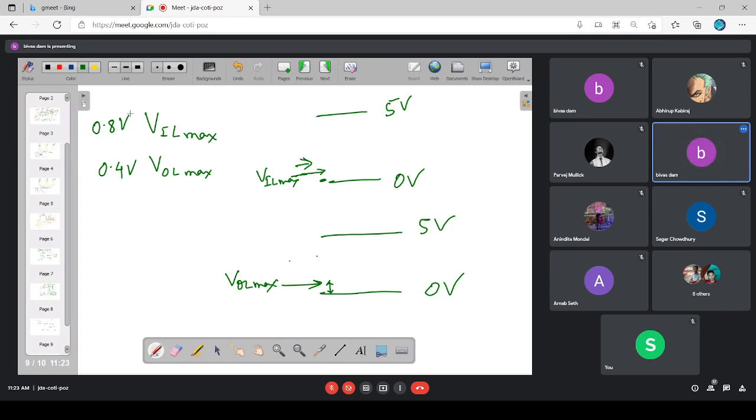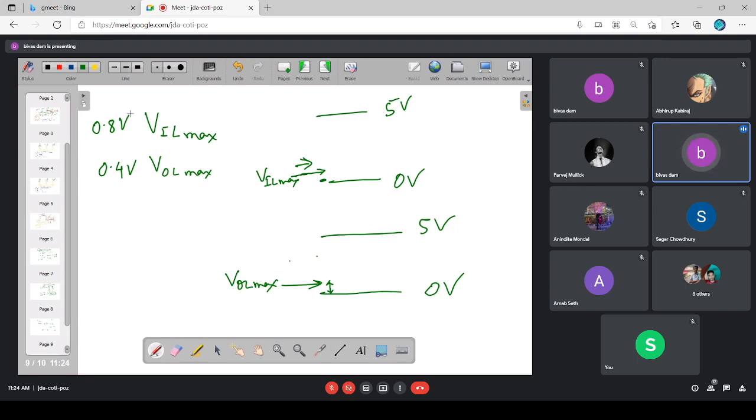Is it not? Yes. If the received noise is of a negative nature, in that case the received signal strength will be less than 0.4 volt. But if the added noise is of positive nature, then the signal strength may be more than 0.4 volt. We have to take account of that. So if we have to give some allowance for positive noise, we have to ensure that VIL max is higher in magnitude than VOL max, so that a certain amount of positive noise can be accommodated.